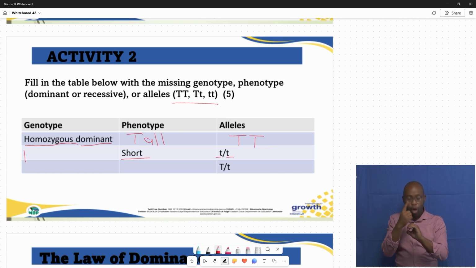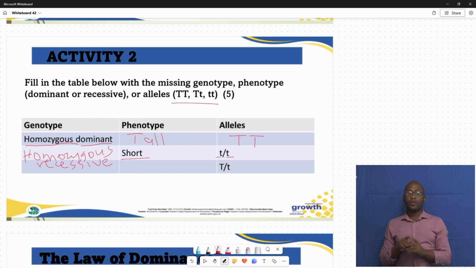So here we will have to have a homozygous recessive. Now I am overlapping here with my writing. So we have got homozygous recessive, which will give us a short phenotype, and the alleles we have already been given. Now I'll just remove this a bit so that I am able to write the third answer.